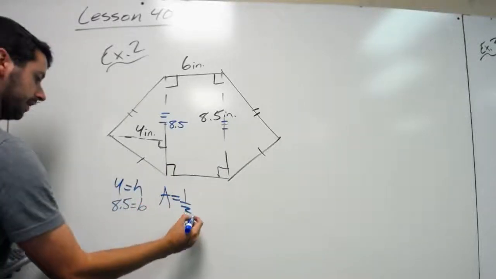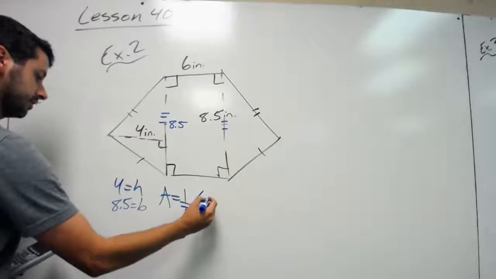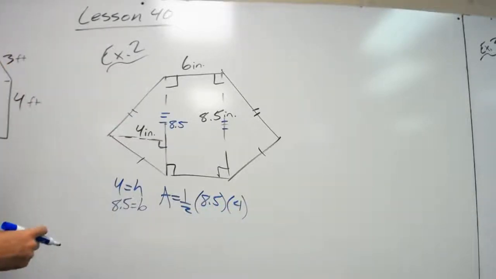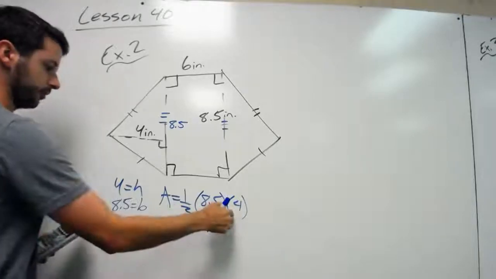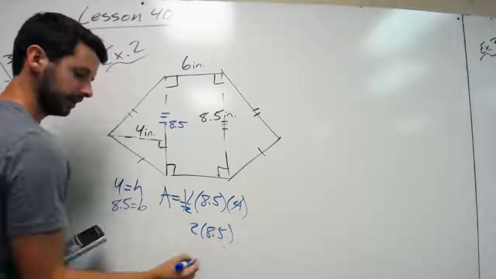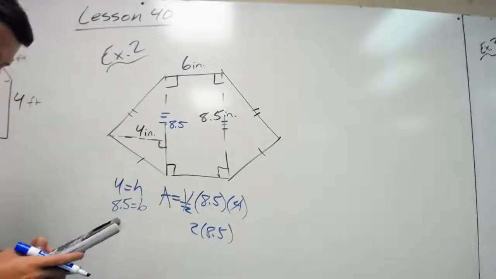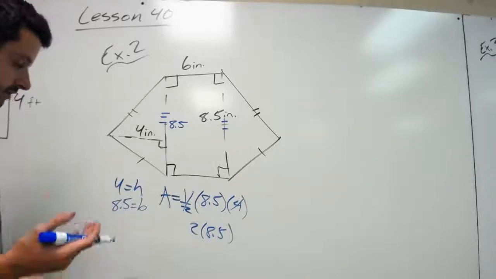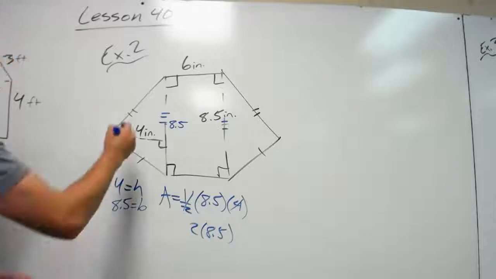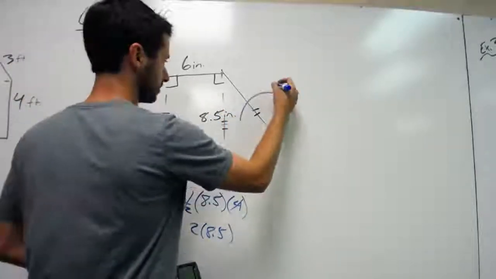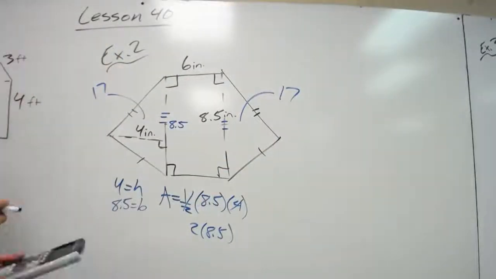Area equals 1/2 base 8.5 times height 4, area of a triangle. 1/2 of 4 is 2. So we're left with 2 times 8.5. Multiply that, and get 17. So the area of this triangle is 17, making the area of this triangle also 17.